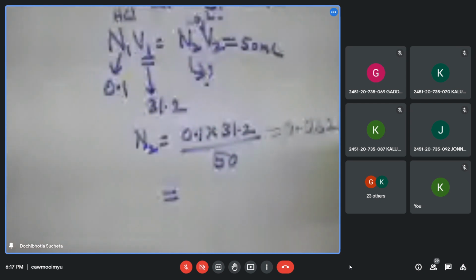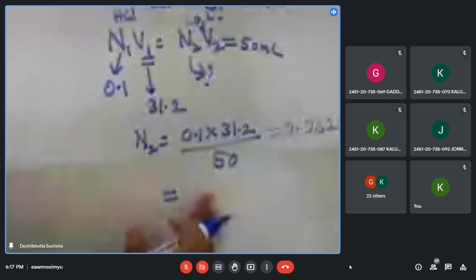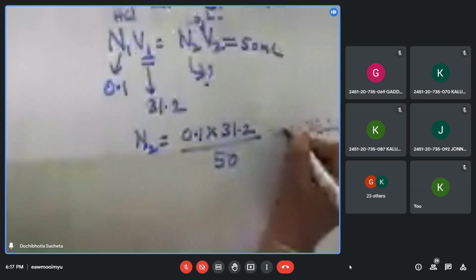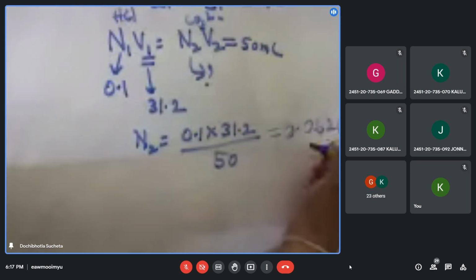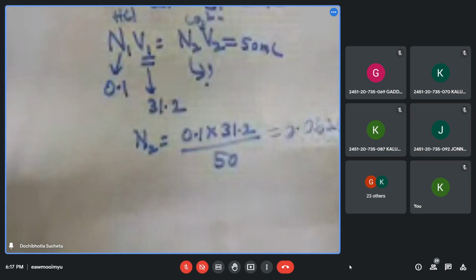Now, if I multiply that with 1000 into 50. Now, what is normality? The number of gram equivalents of any substance present per liter of the solution. So, the weight here is grams or milligrams? Milligrams.